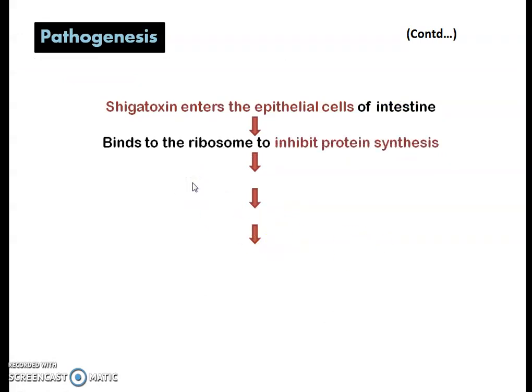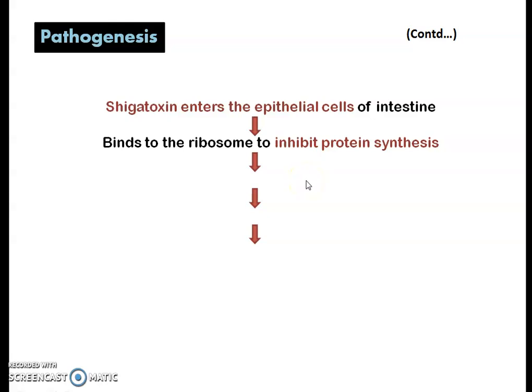Shiga toxin enters the epithelial cells of the intestine. After infecting the epithelial cells of the intestine, Shigella produces Shiga toxin, and this Shiga toxin enters the epithelial cells and binds to the ribosomes to inhibit protein synthesis.